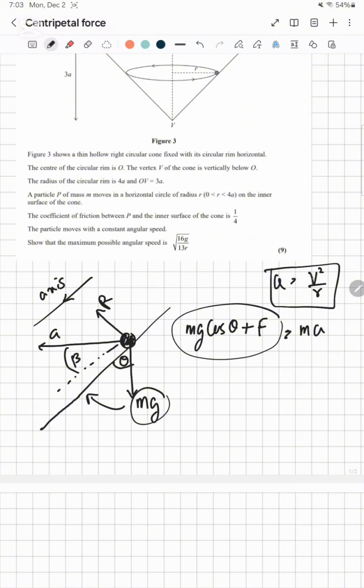V is the speed, so we can put this in instead of a, and then you can find the speed. When you write plus, you get the maximum possible value. If you write minus, you get a smaller value. Since they say maximum possible value, I'll be taking plus the friction, so I'm going to take friction in this direction.